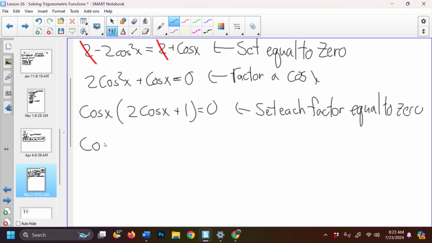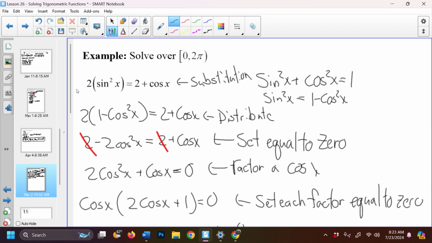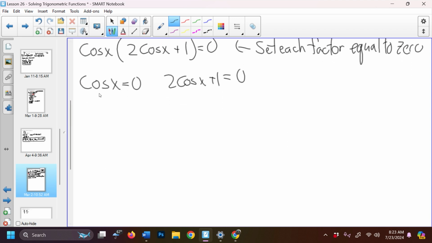That'll give me cosine of x equals 0 and 2 cosine x plus 1 equals 0. On this interval from 0 to 2 pi, cosine is equal to 0 only at x equals pi over 2 and at 3 pi over 2. And then this one I've got to solve for cosine x first.